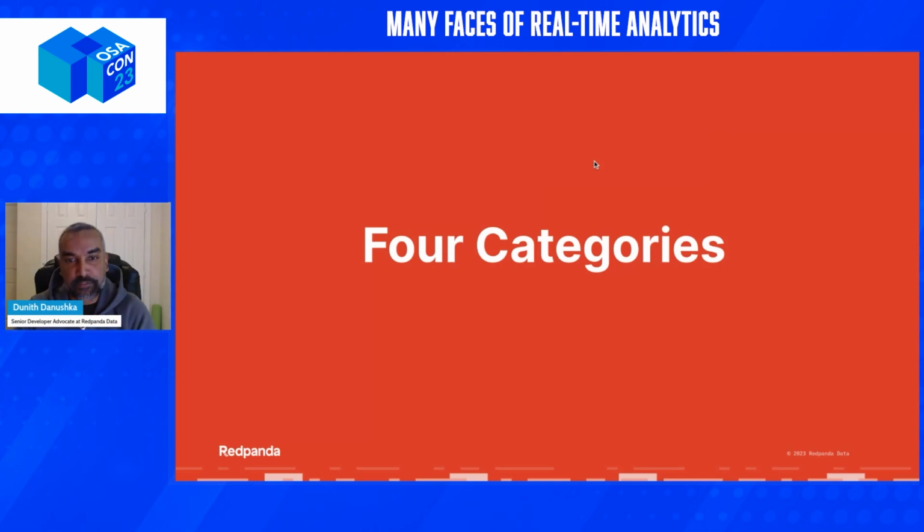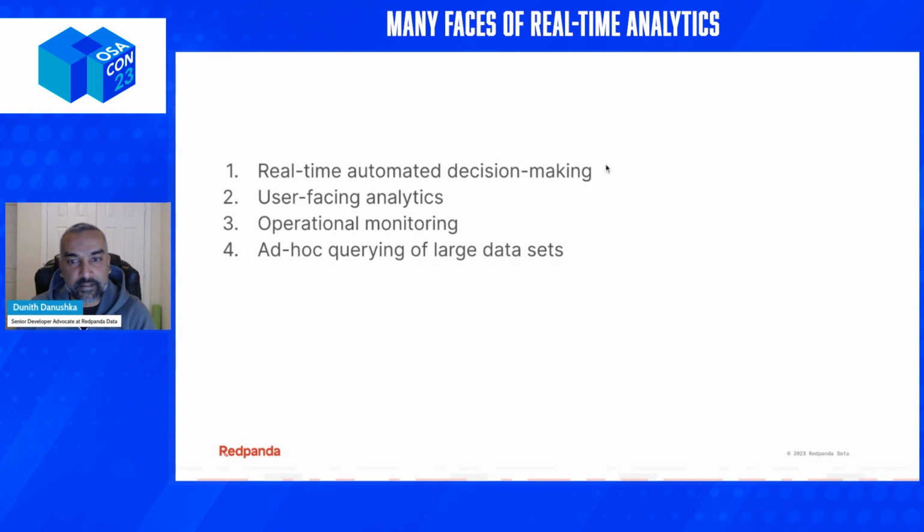Based on different values for these sliders, or I would say different dimensions or characteristics, we can define 4 categories of a real-time analytics system. So there are like 4 major buckets we can define, but keep that in mind. These are not clear-cut, siloed divisions or categorizations. So there can be overlap between these. So just keep that in mind.